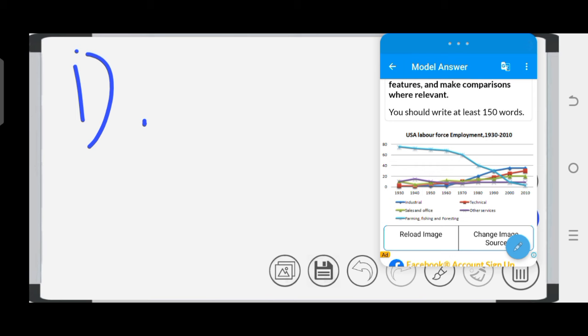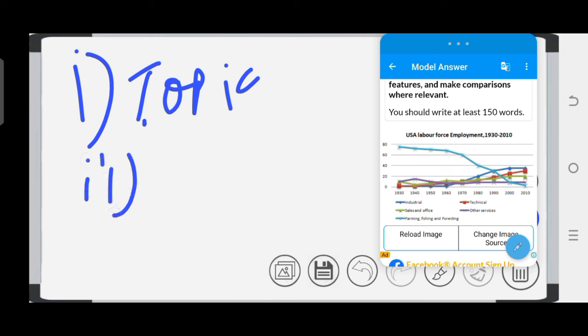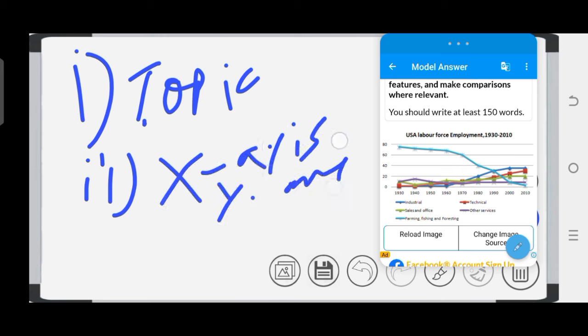So the first is the topic description, 1 to 2 lines. Then understanding of the graph and writing the graph one by one, different trends, year wise, basically explaining the x-axis and y-axis. And then comes the third thing, which can come at the end: what is the trend you find here? Trend.